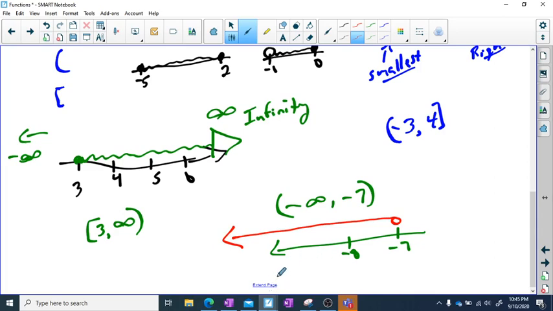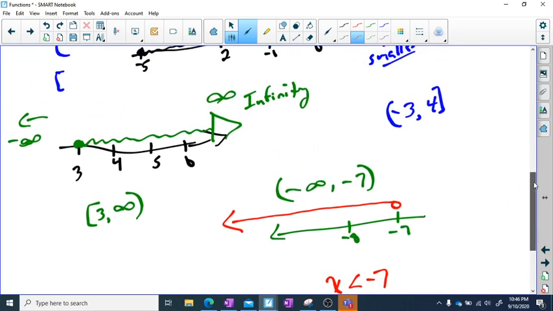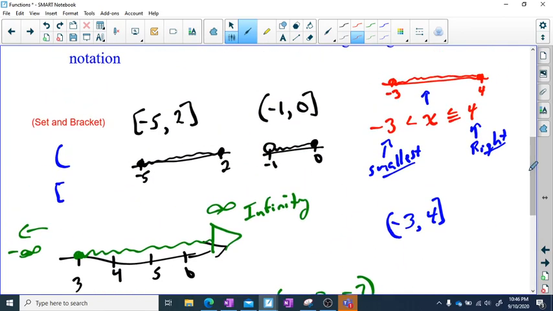All right. If you wrote that out in regular inequality notation, this would be all the x values that are smaller than, not equal to, -7. If I went to this one here in regular notation, this would be any x value that is bigger than or equal to the number 3. If I went into here, this is all the numbers between these two, including both of them.